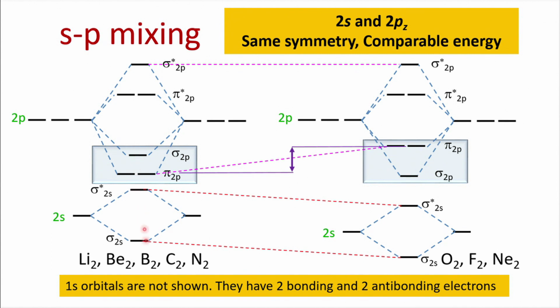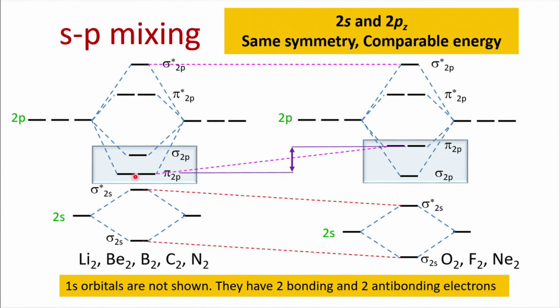This is how the lowering of the sigma 2s orbital's energy and the raising of the sigma 2p orbital happens. This puts the pi bonding orbitals in between the sigma 2p and the sigma star 2s antibonding orbitals.